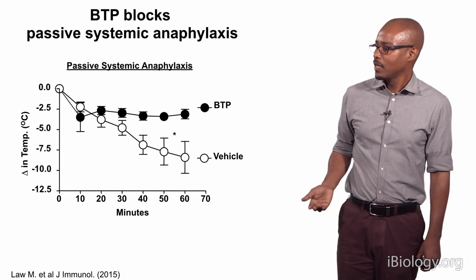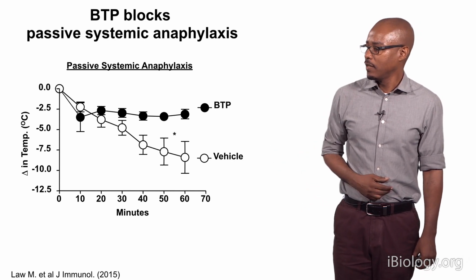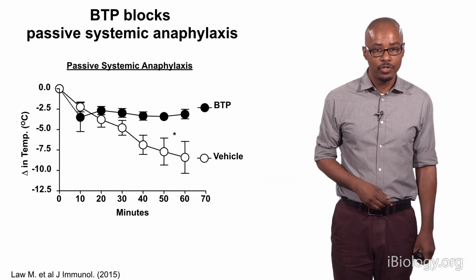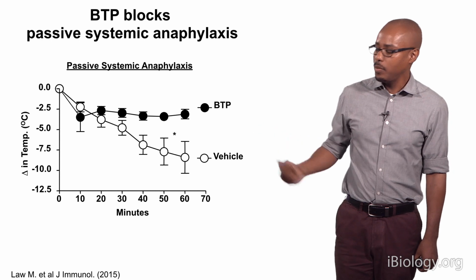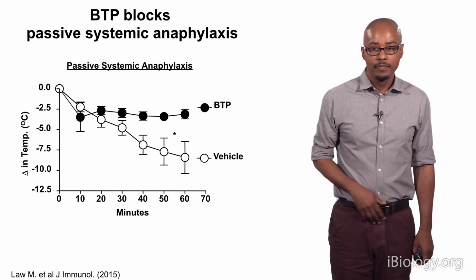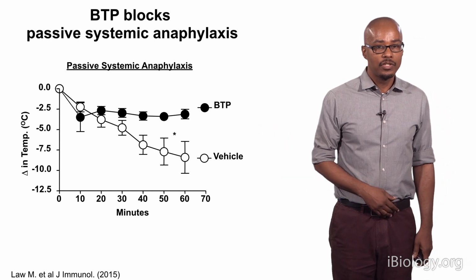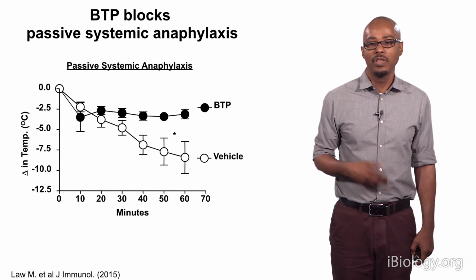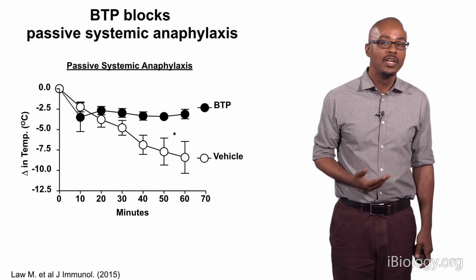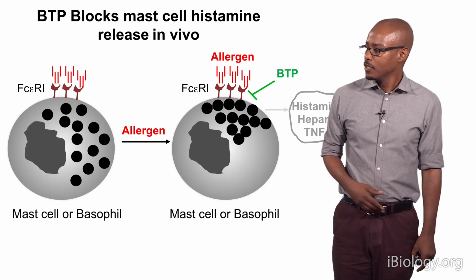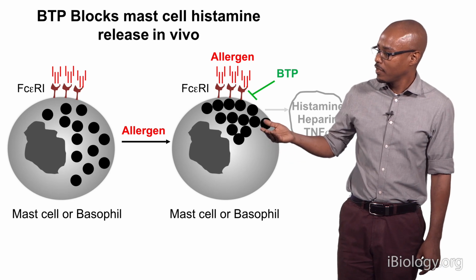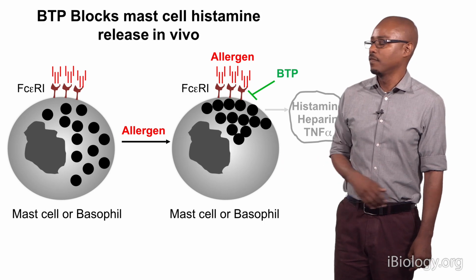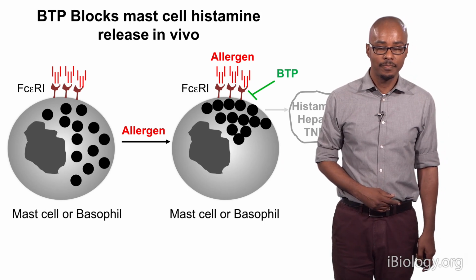What you can see here is a difference in body temperature in these mice. The mice that received the vehicle actually lost body temperature, whereas the mice that received BTP did not lose body temperature. And so that experiment indicated to us that BTP was able to inhibit both histamine release in mast cells, but also the effects of mast cell degranulation, that is, temperature loss. So BTP can inhibit mast cell degranulation and can inhibit the release of the mast cell granule contents.